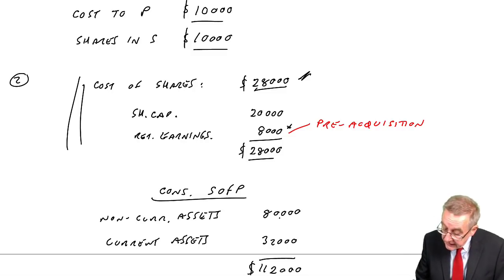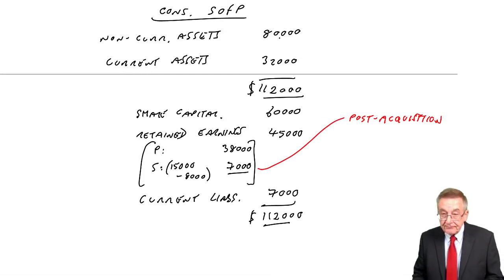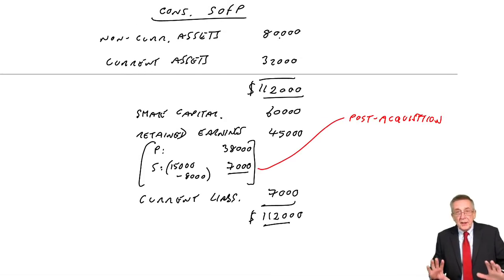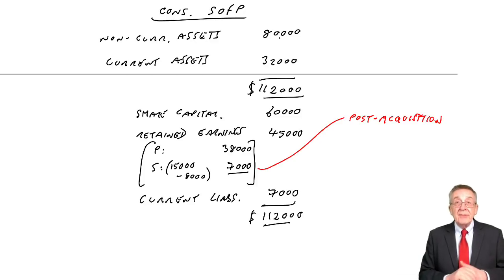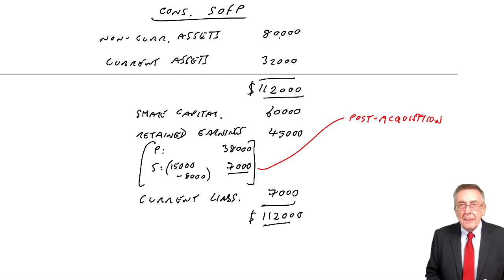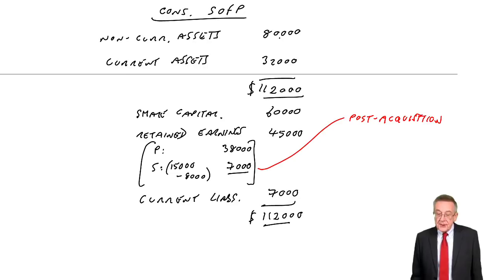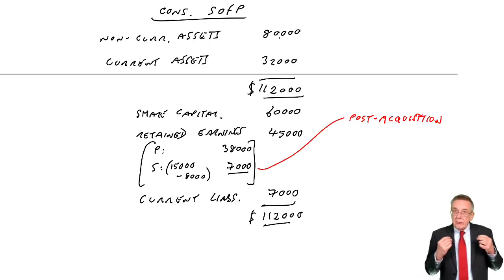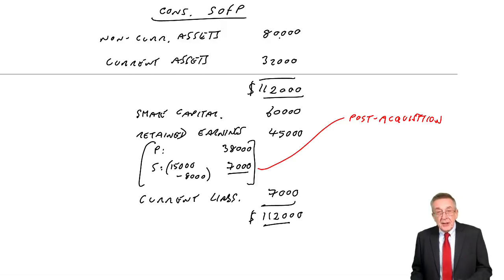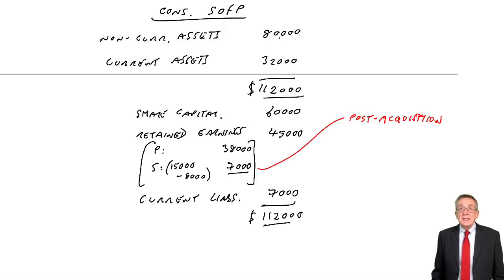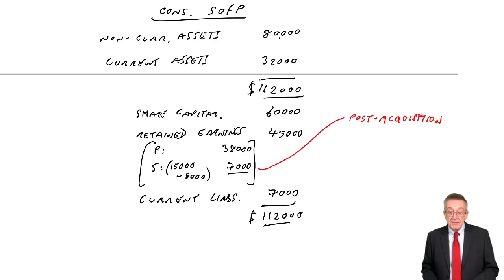In the consolidated statement of financial position, we bring in all the assets, all the liabilities, the two companies added together. Share capital always is the share capital of the parent company. And the retained earnings, all the retained earnings of the parent. But for the subsidiary, it's the retained earnings since the date of acquisition, the post-acquisition retained earnings.